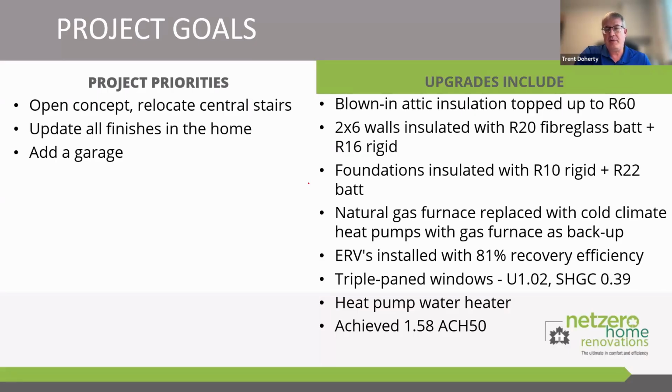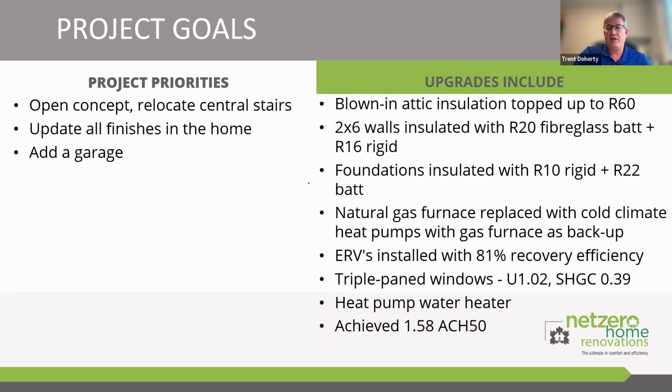So the existing house, being built in 1988, was not so bad as far as the original construction. It had blown in attic insulation, and so we were looking to top it up to R60. There were existing 2x6 walls with R20 batts, and we kept the R20 batts and we added R16 rigid on the outside.